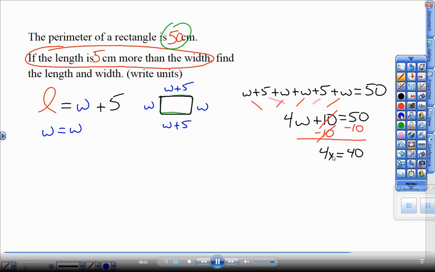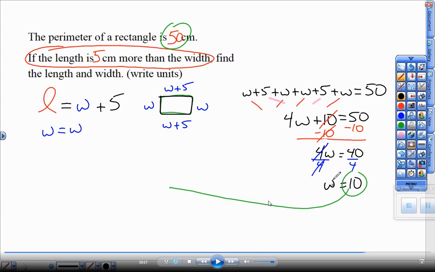And again, I'm going to keep that as a W. Don't put an X in there. Keep staying with W's, don't change it to X's. So I'm going to fix that right here. Keep it W. So 4W. So when I divide by 4, I get W equals 10, not X equals 10.